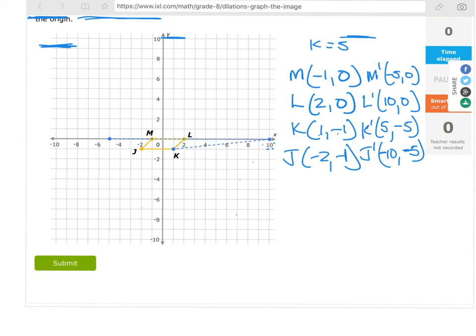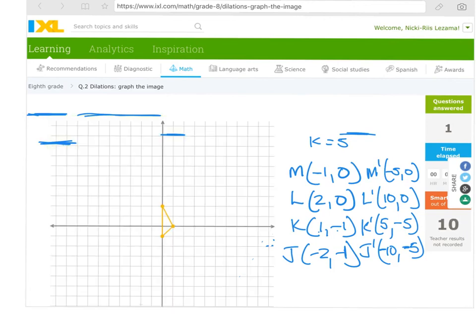K is 5, minus 5. And J is minus 10, minus 5. So we check to make sure the two shapes are similar, and we click submit, and as you can see, it is all correct.